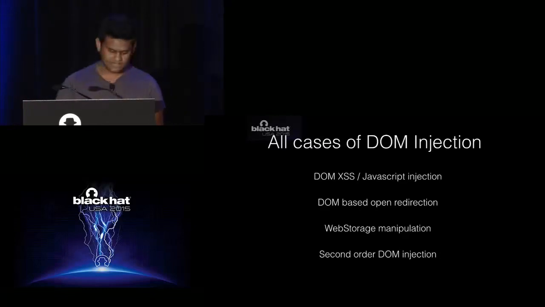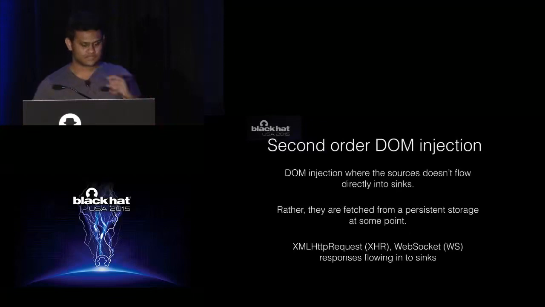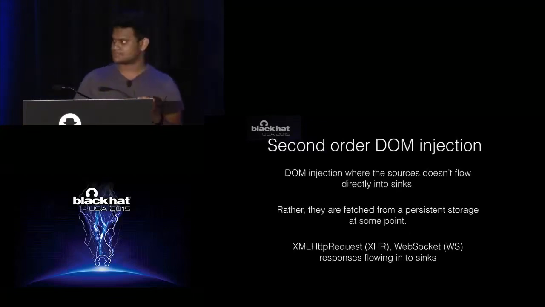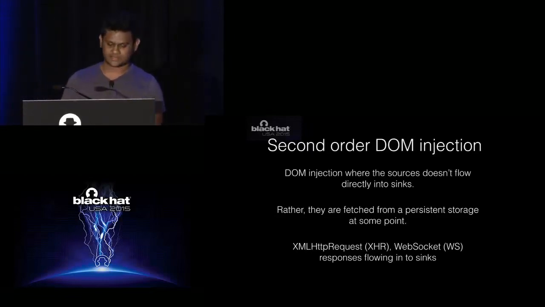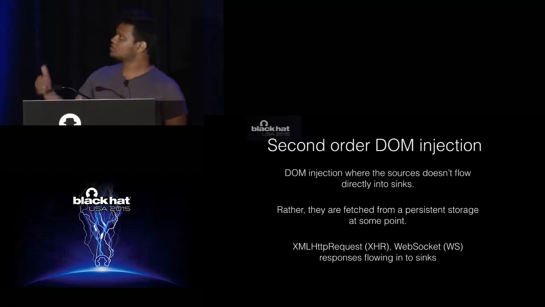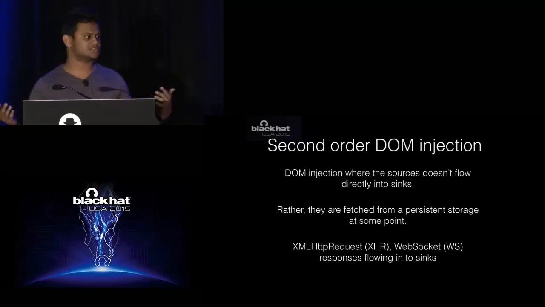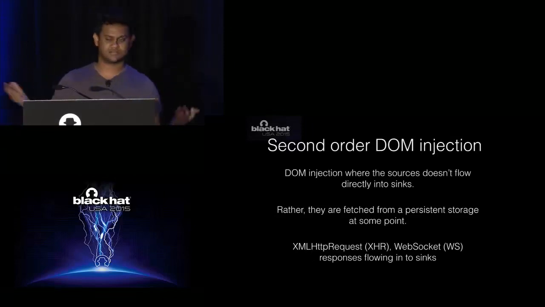And specifically, I wanted to talk about second-order DOM injection. This is a common thing which is mostly missed by the usual DOM XSS scanners, because the source actually comes very delayed. By second-order DOM injection, I mean it's more like the second-order SQL injections that we used to hear the term for.